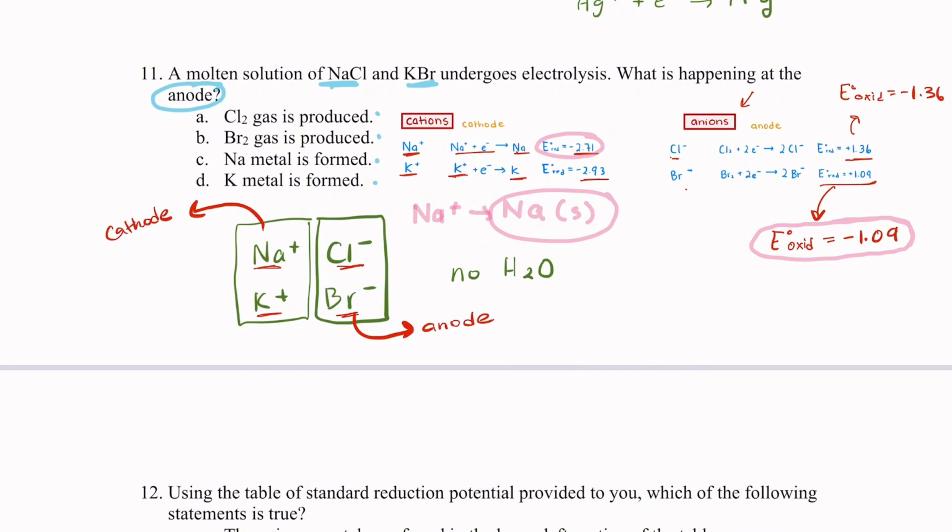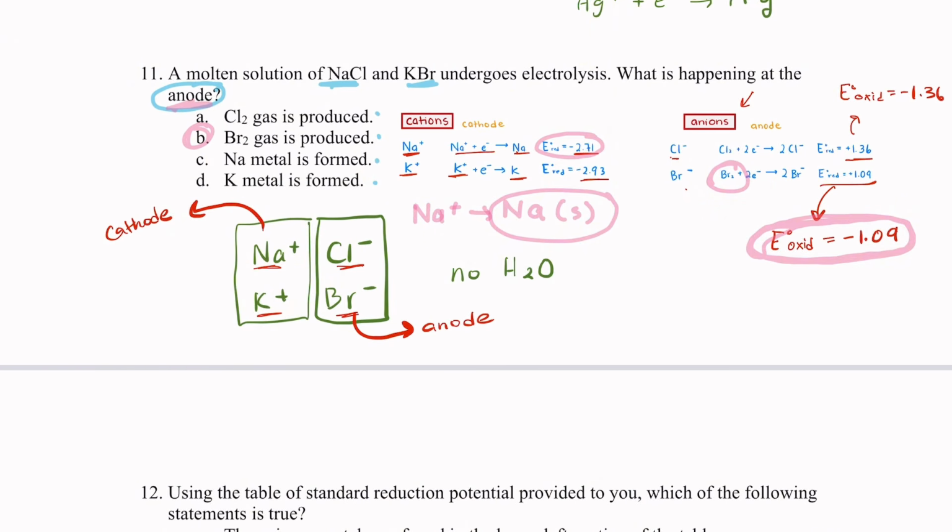Between negative 1.36 and negative 1.09, bromide is easier to oxidize. Therefore, at the anode, the bromide ions are oxidized to bromine gas. The correct answer choice is that bromine gas is produced, which is answer choice B.